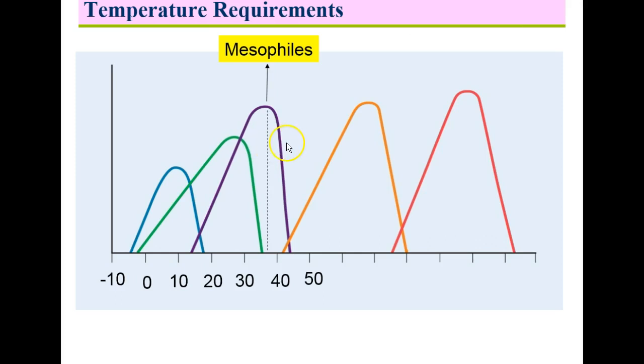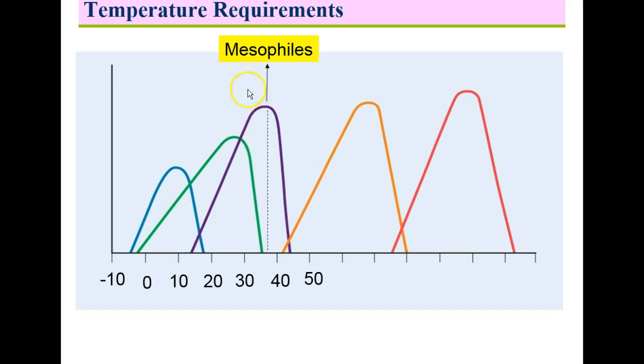The next group is probably the most important in medical microbiology. These are the mesophiles. The mesophiles have a minimum growth temperature around 15 degrees centigrade and a maximum growth temperature of around 45 degrees centigrade. Now, human body temperature is 37 degrees centigrade. Look at the optimum temperature of these organisms falling right around 37 degrees centigrade.